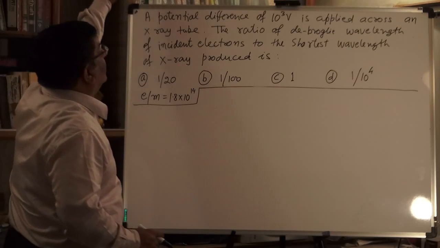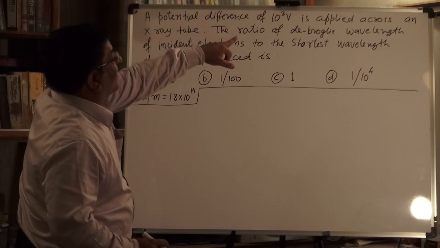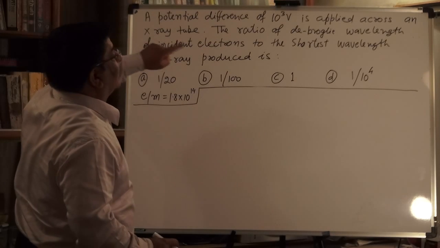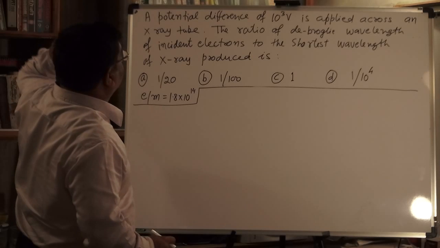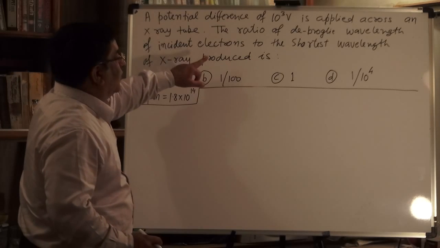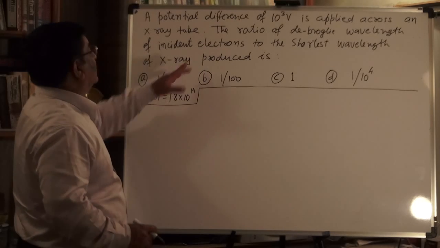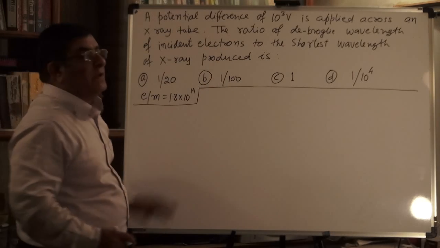Okay, next question. A potential difference 10 to the power 3 volt is applied across an X-ray tube. The ratio of de Broglie wavelength of incident electron to the shortest wavelength of X-ray produced is this.